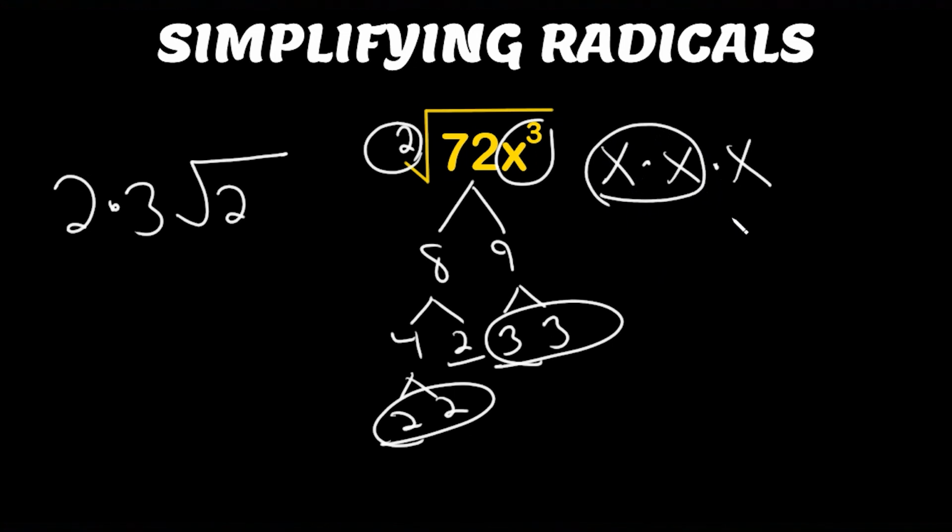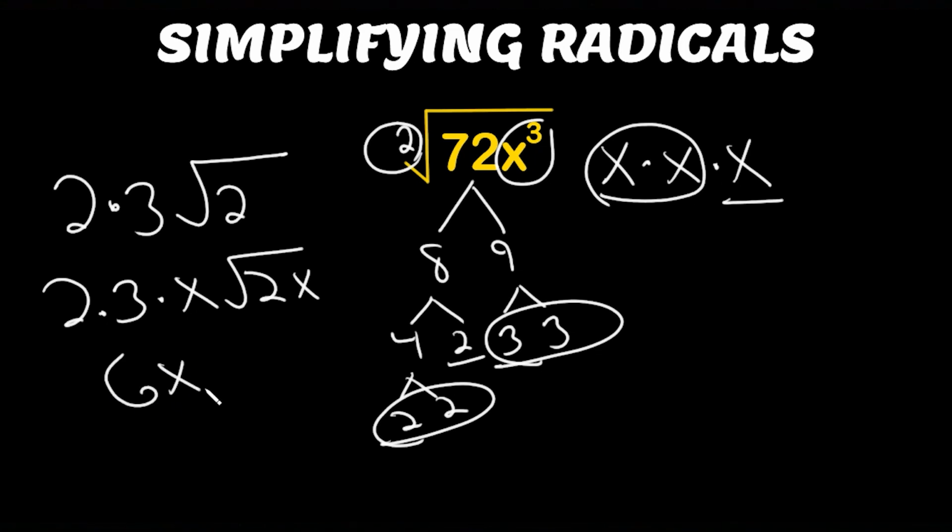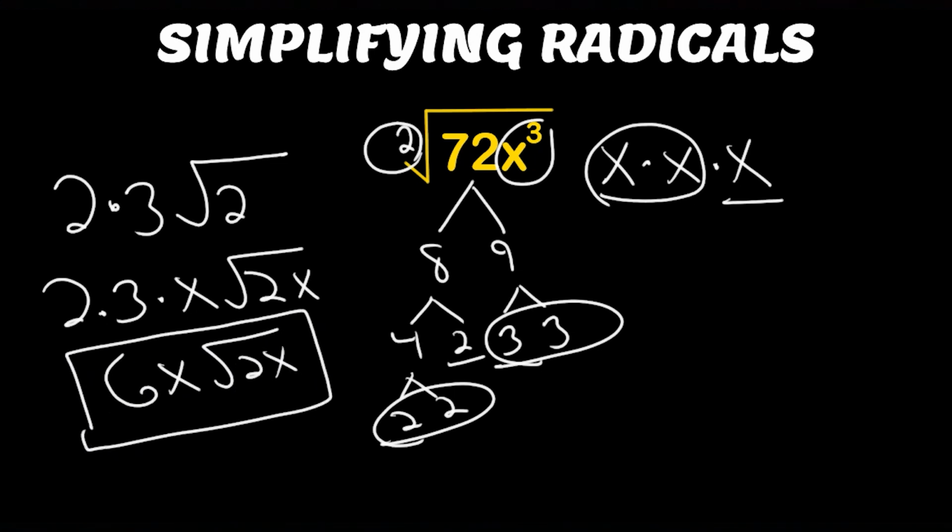So I can pull out an x, and this x will stay underneath. So finally, it's going to be 2 times 3 times x, and then the square root of 2, and then x. And so our final answer here is going to be 6x square root of 2x. Done. Okay, that's simplified down. All right, so let's go ahead and try some more examples.